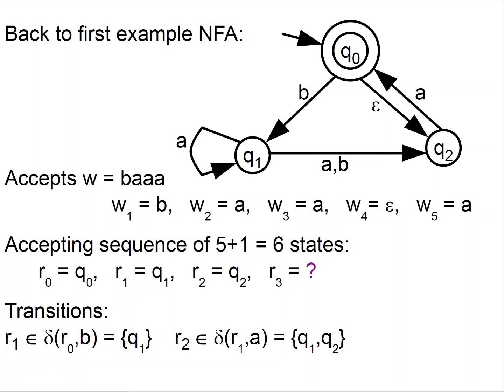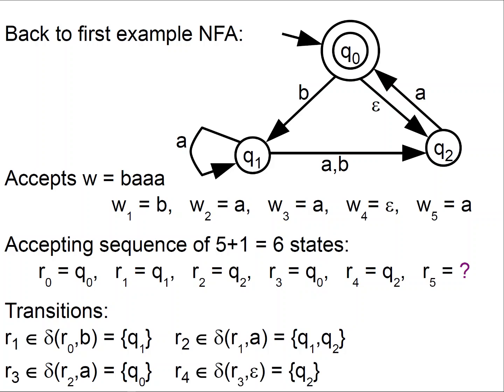R2 is Q2, and it belongs to delta R1, A. R3 is Q0 because it belongs to delta R2, A. And R4 is where some of the fun happens. R4 belongs to delta R3, epsilon. Here is where I'm using the epsilon transition, which gives the set Q2. And R5 is Q0.